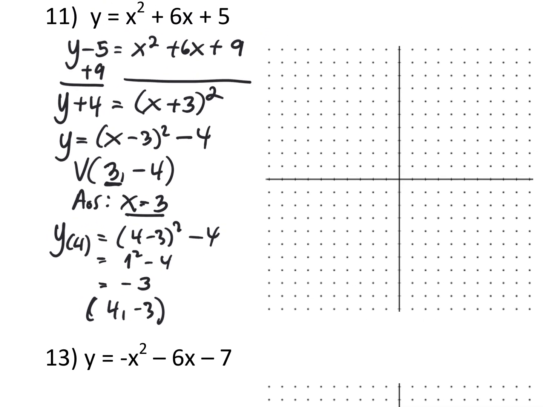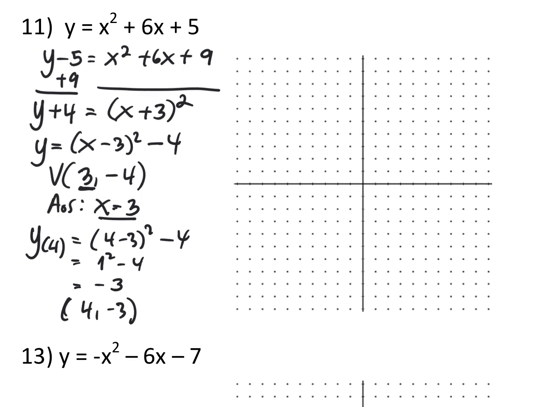Okay, so let's plot first our vertex. Our vertex is 3, -4, this one. That's going to be 3, -4: 1, 2, 3, and then -4: 1, 2, 3, and 4. So they're going to be meeting here. This is my vertex, and my axis of symmetry is on the same x value, which is 3.